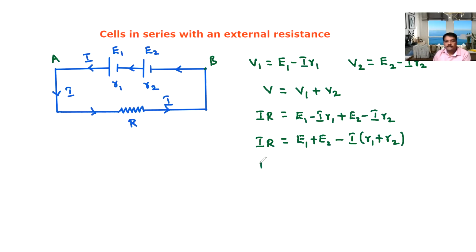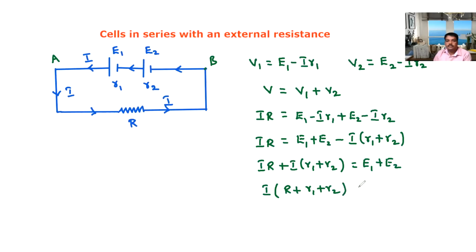Rearrange the terms: I R plus I of R1 plus R2 equals E1 plus E2. Taking I common, I of R plus R1 plus R2 equals E1 plus E2.